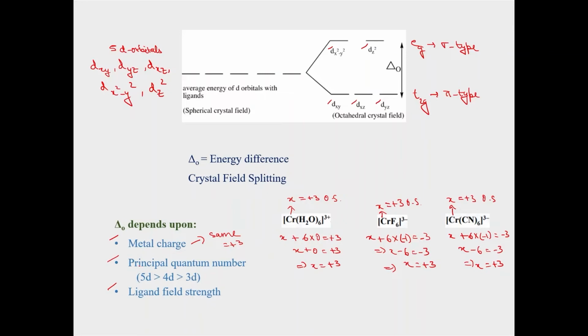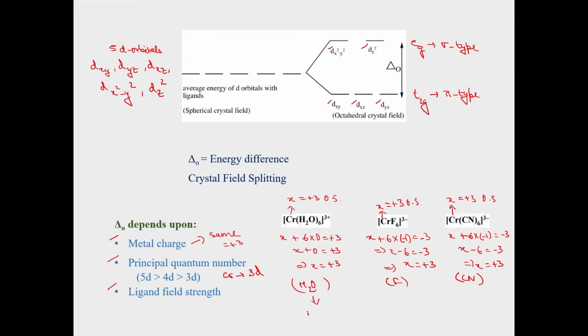The next factor is principal quantum number. In all three cases, chromium is the transition metal present. It is a 3d transition element. So we can't compare on the basis of this as well. Now, moving on to the ligand field strength. Here we can see that all three complexes have different ligands present in them. This has H2O as the ligand, this has fluorine and this has CN.